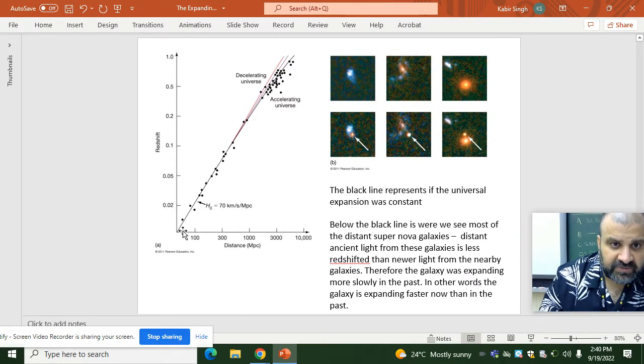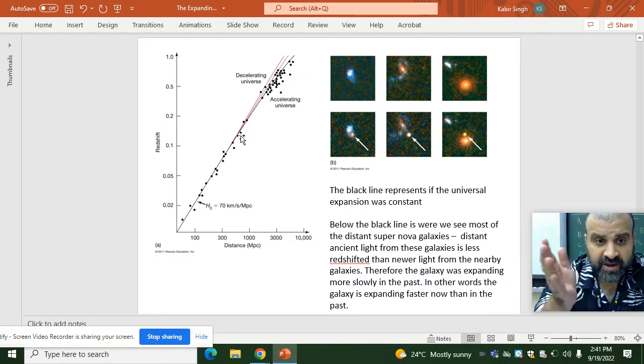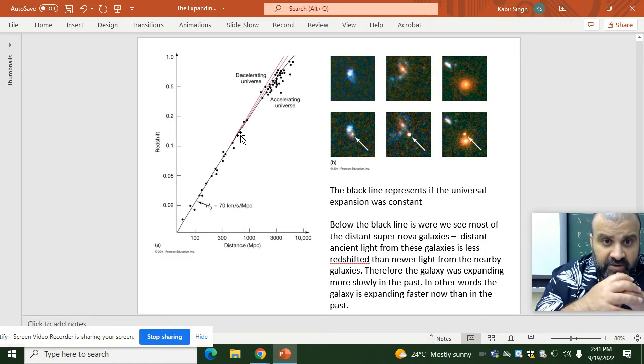Okay, so this black line, right? The black line represents what we call the constant, right? So if the universal expansion was constant, right, distance and redshift would be in proportion. We'd have a straight, sorry, straight black line.